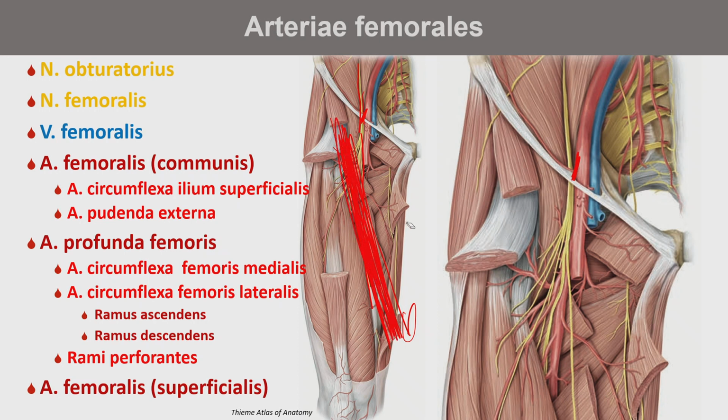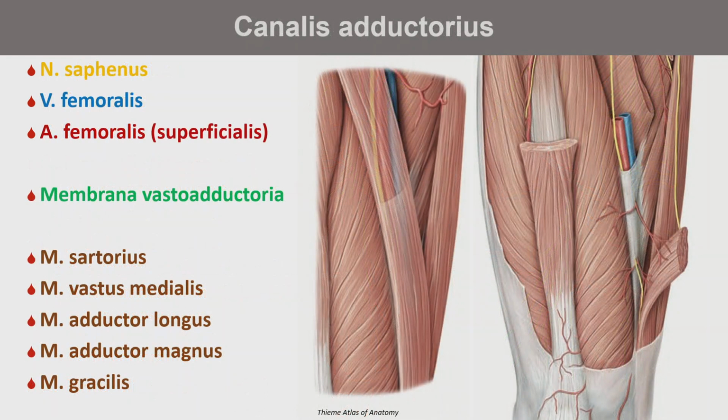Sartorius muscle is covering the space which is then called adductor channel. So the superficial femoral artery is then going this way and is covered by sartorius, like seen on this image. And this space is called canalis adductorius, so adductor channel, or according to the author, Hunter's channel.